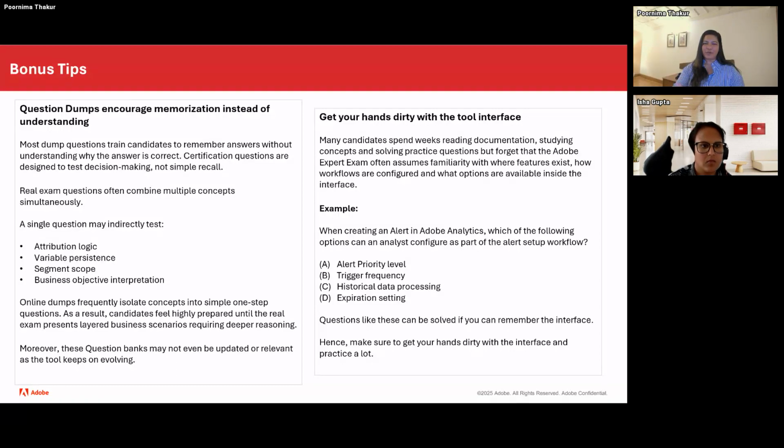If they mark a question correct, they won't even explain why it is correct. Some of them do, some of them don't, and the questions are wrong. At least I found in a lot of cases, which I then flagged to a lot of Adobe experts, that they turned out to be wrong. So please beware of question dumps.